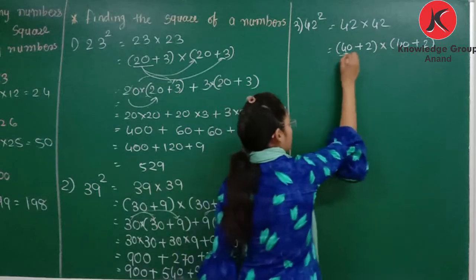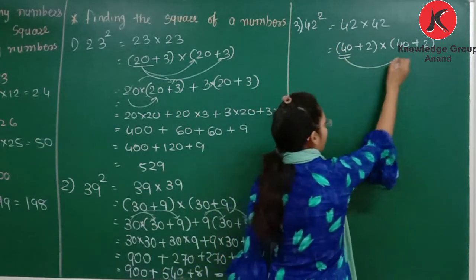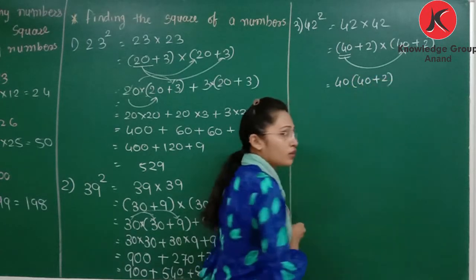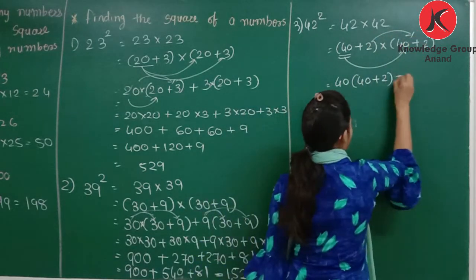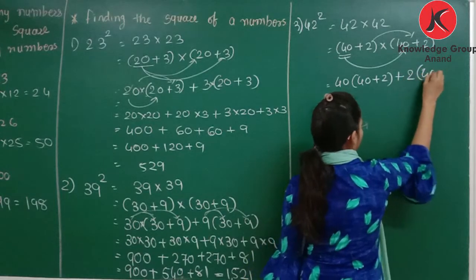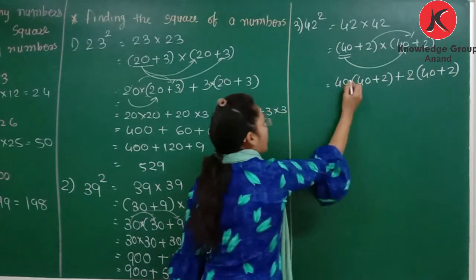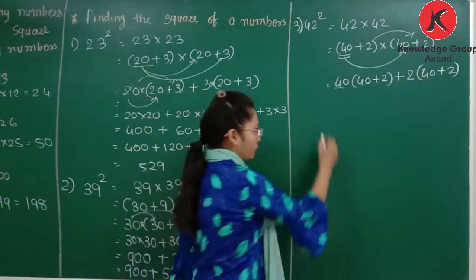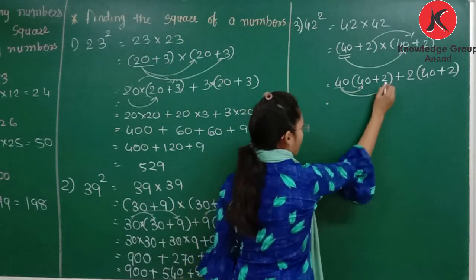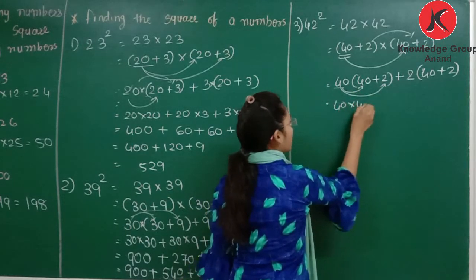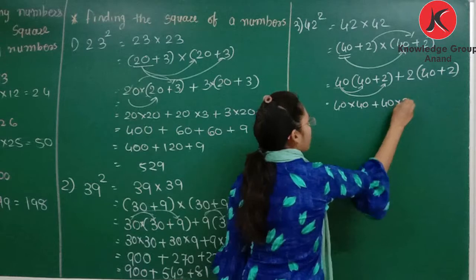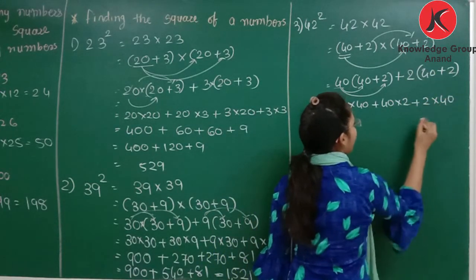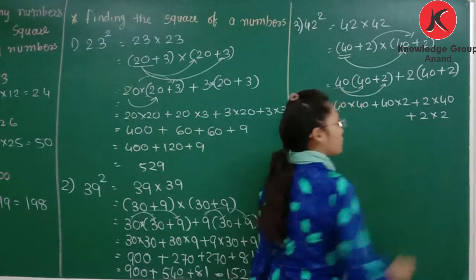Now the first number in a bracket is multiplied with the whole bracket, that is 40 multiplied with 40 plus 2, and 2 is multiplied with the whole bracket. Here it is multiplication between a number and a bracket. If you open the bracket, 40 is multiplied with both numbers in the bracket, so 40 multiply 40 plus 40 multiply 2. Here 2 is multiplied with both numbers, 2 multiply 40 plus 2 multiply 2.